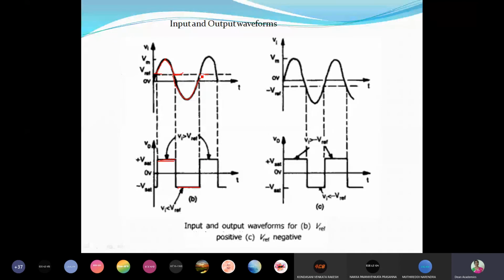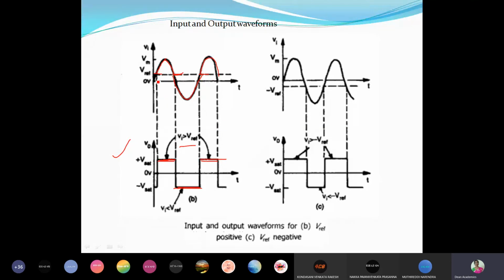Again Vin is greater than Vref, so it will be at plus VSAT. Like that the output changes from plus VSAT to minus VSAT, and when the input voltage is greater than the reference voltage, the output is plus VSAT. Like that comparison can be done.